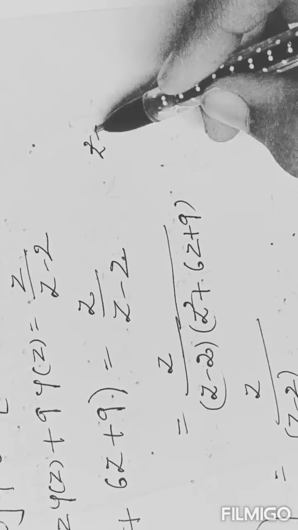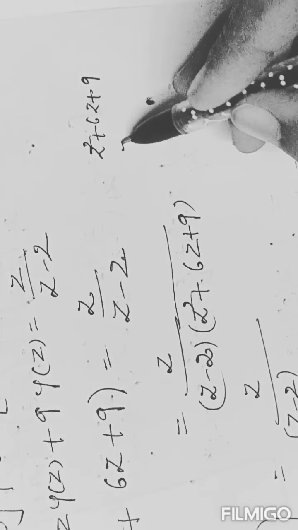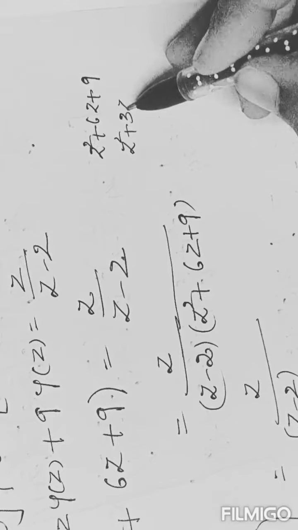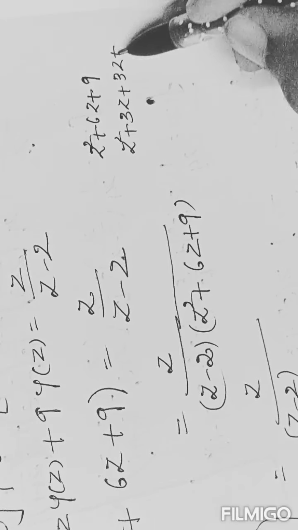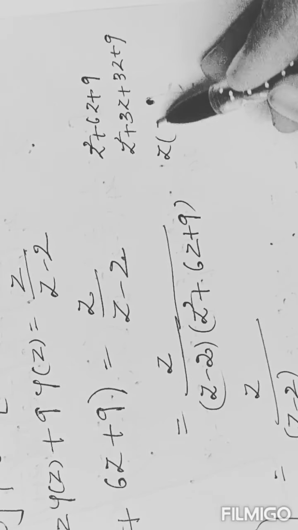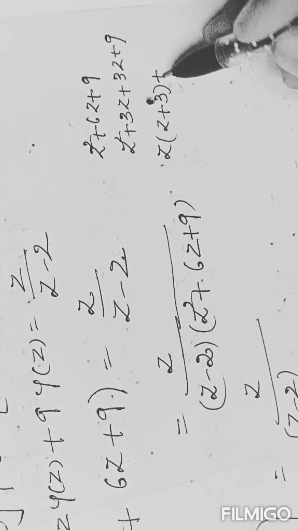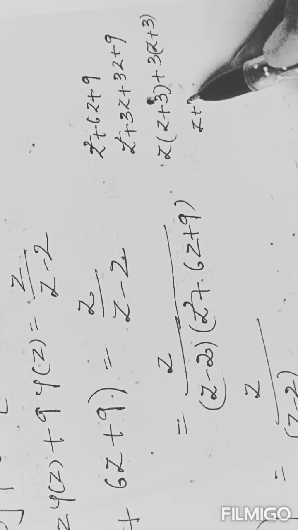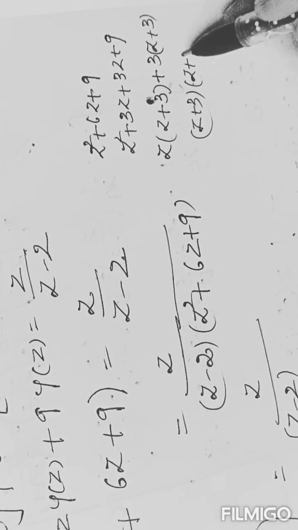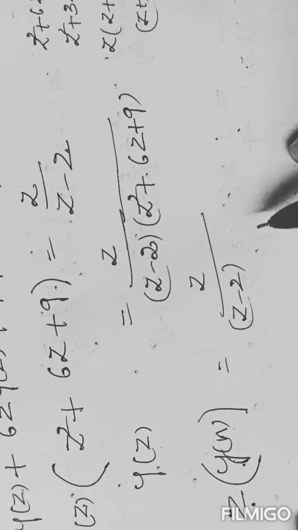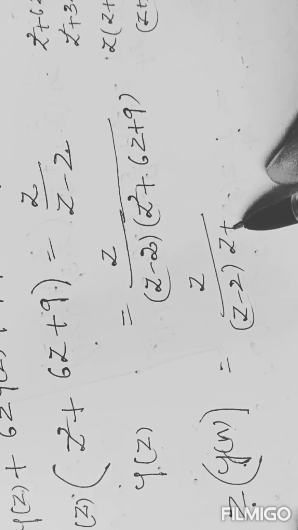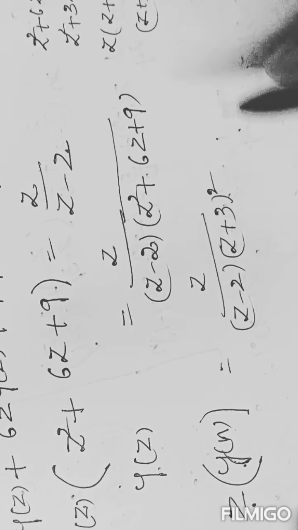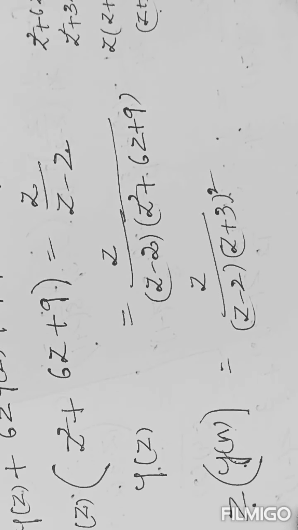So z square plus 6z plus 9 can be written as z square plus 3z plus 3z plus 9, since 3 threes are 9. From this z as common, z plus 3, from this 3 as common, z plus 3, z plus 3 again as common. Totally it is equal to z plus 3 whole square.